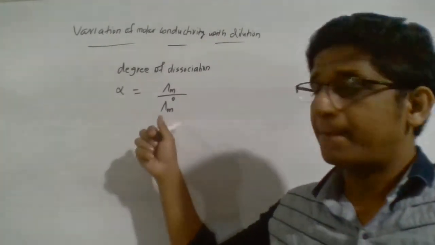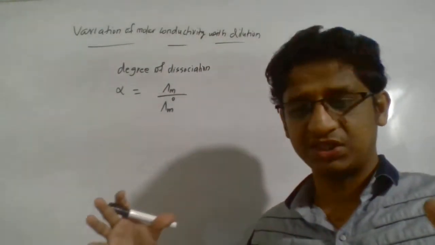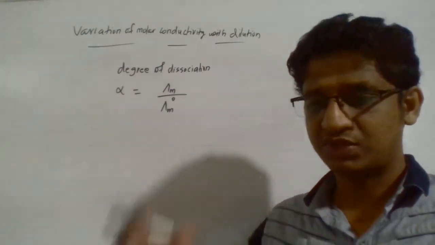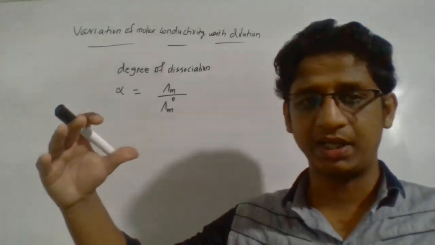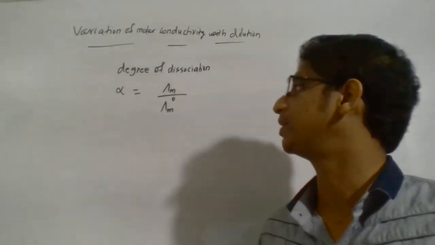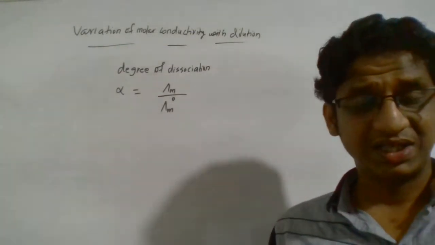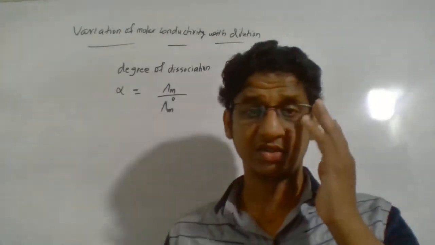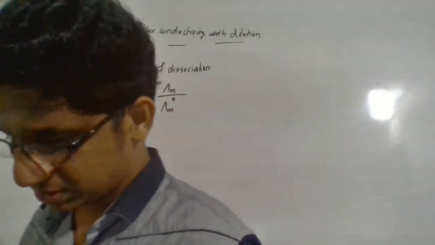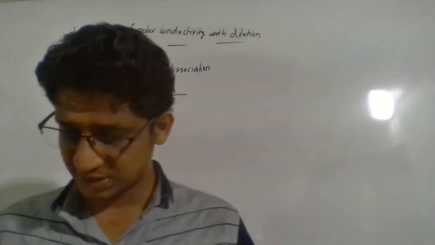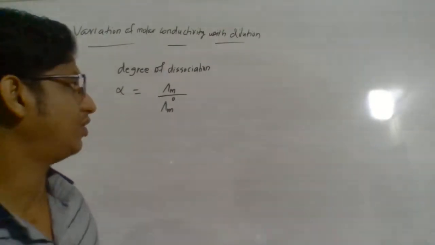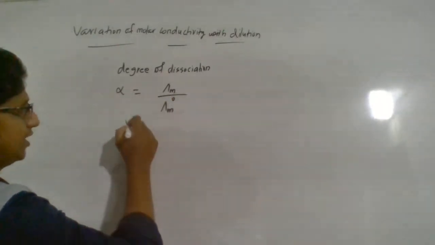It's all about first the ions having to be separated from each other. We know the maximum ionization, maximum dissociation, will take place at infinite dilution. So the ratio between lambda m and lambda 0m gives you the degree of dissociation. The alpha value you can easily obtain if you have the lambda m value and the lambda 0m value, especially for a weak electrolyte.